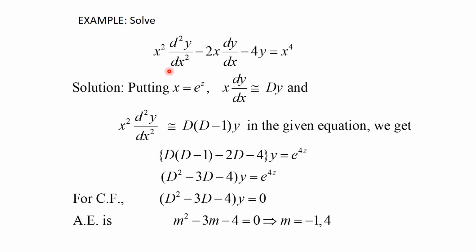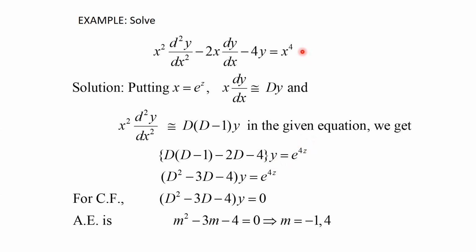So we put x = e^z, and x dy/dx is equivalent to Dy and x^2 d^2y/dx^2 is equivalent to D(D-1)y in the given equation. So the given equation will be [D(D-1) - 2D - 4]y = e^(4z).